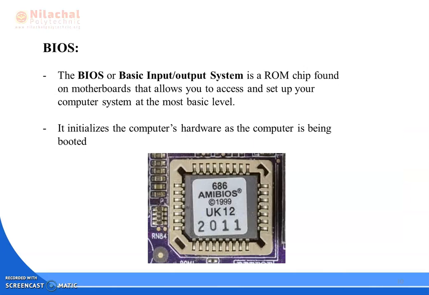So the next component is the BIOS. The BIOS, or basic input-output system, is a ROM chip found on the motherboard. It basically allows us to assess and set up the computer system at its most basic level.